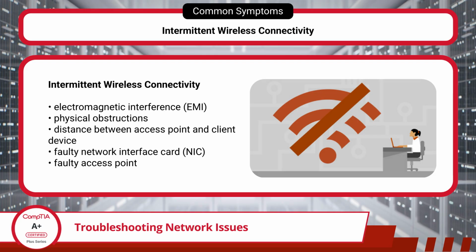Additionally, the distance between a client device and an access point can exacerbate signal attenuation. Moreover, faulty hardware, such as network interface cards or access points, can compound intermittent wireless connectivity problems. If hardware components are malfunctioning or outdated, they may struggle to establish a stable connection or maintain consistent signal strength.